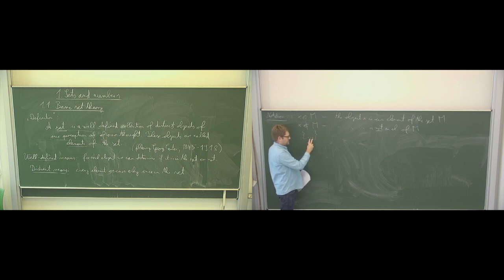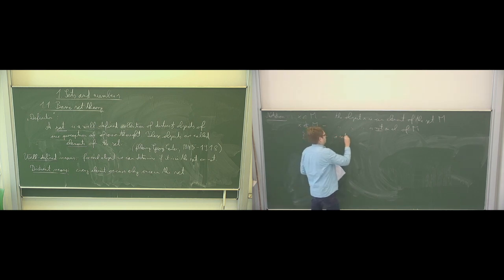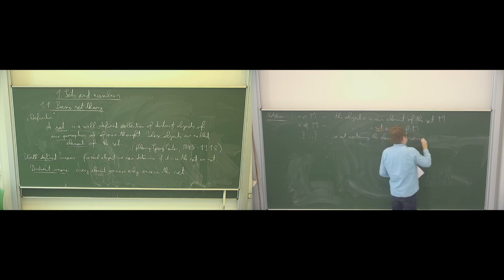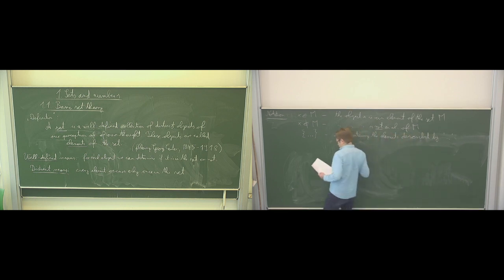So where the dots are here, this should contain a description of the elements of the set. There are several ways of filling in these dots, and we will see two different forms basically.